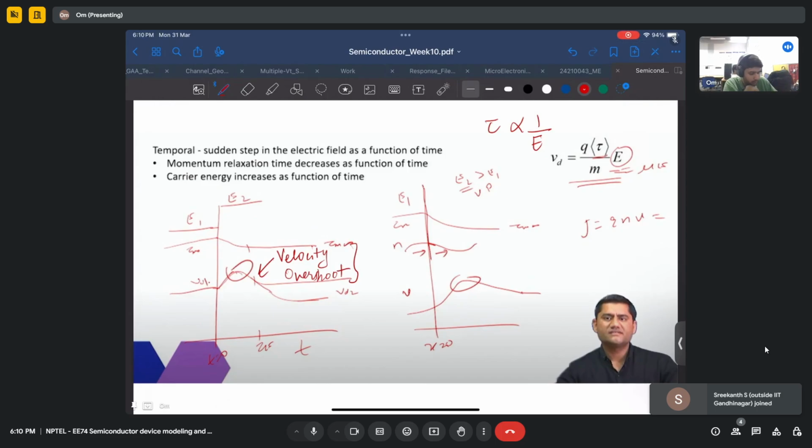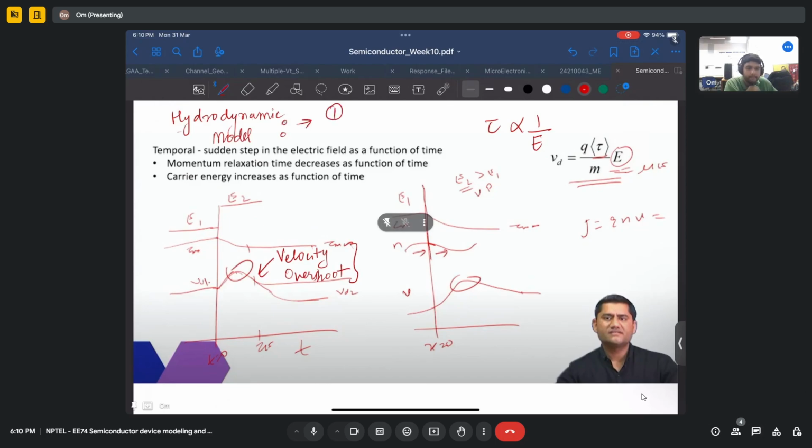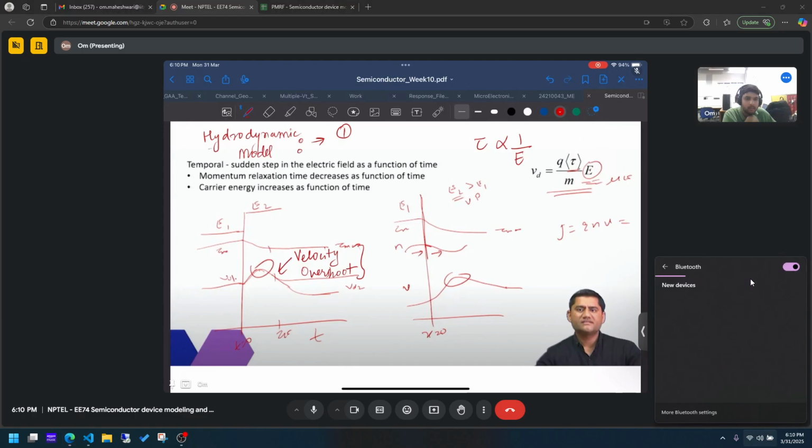The hydrodynamic model basically captures two things. First, it is the velocity overshoot.